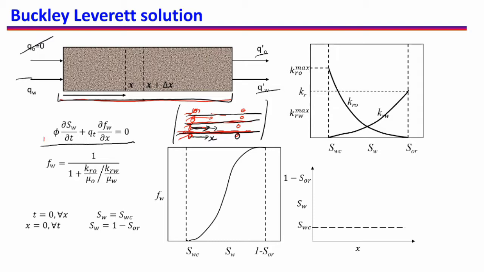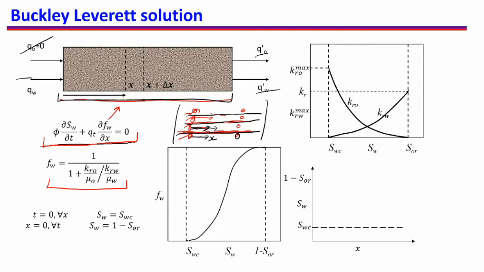So this is the governing equation for saturation, how saturation changes with time and space. And here we also know that Fw comes in, and Fw is a function of Sw only.